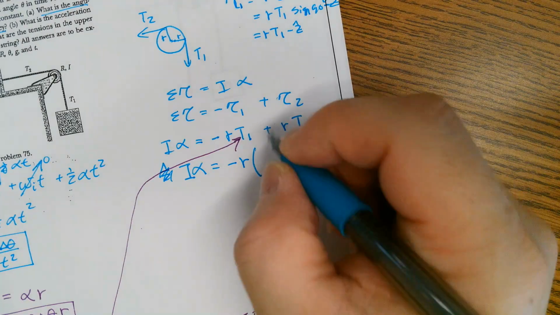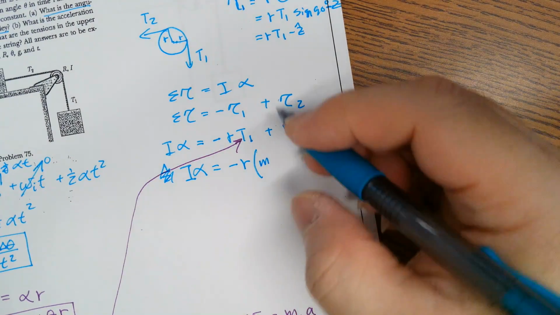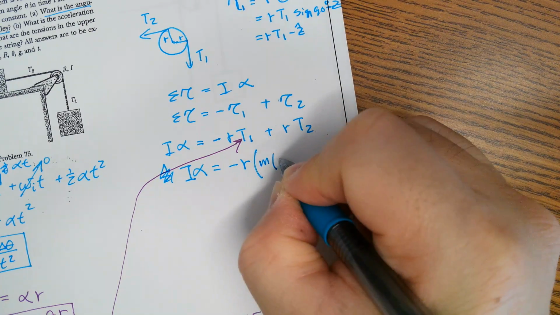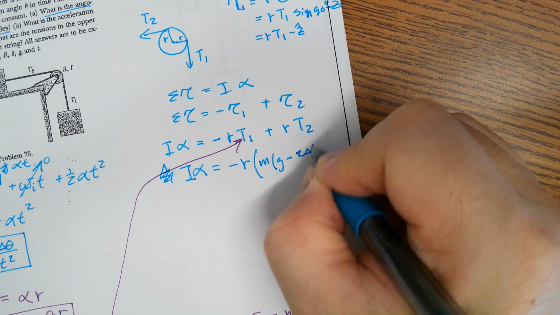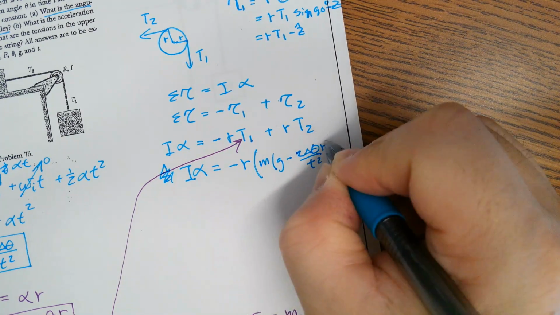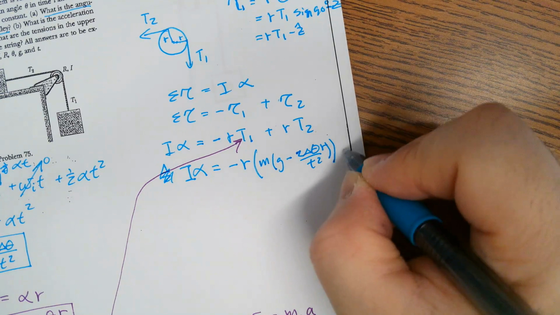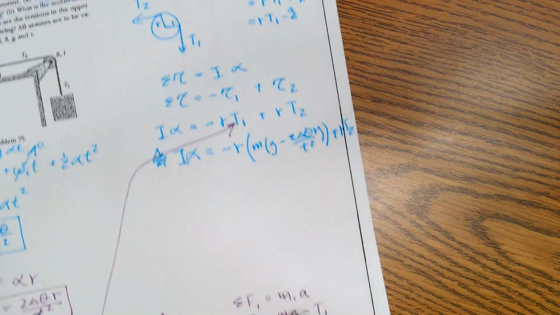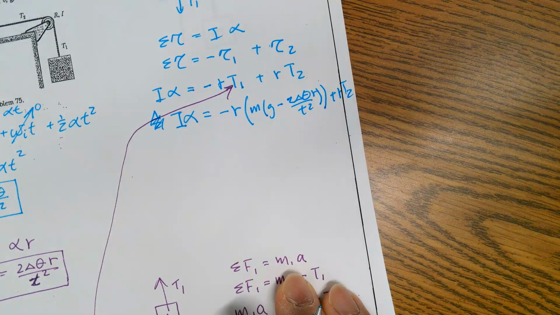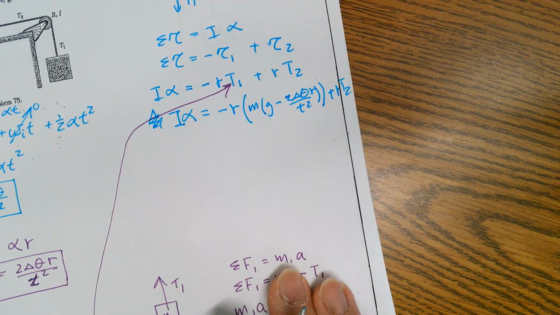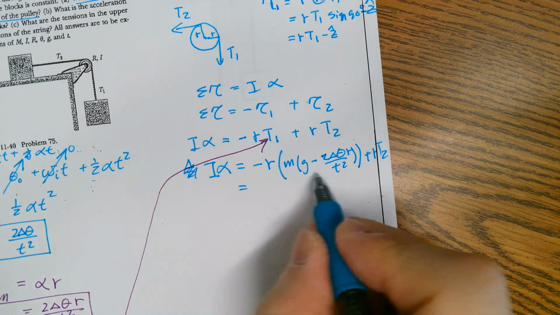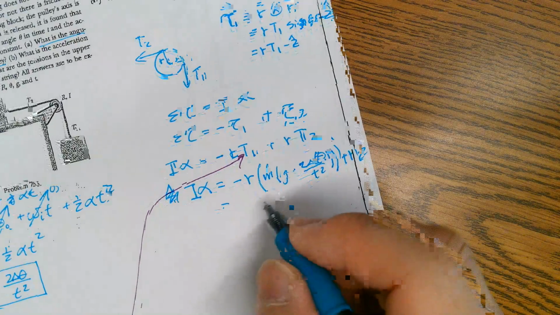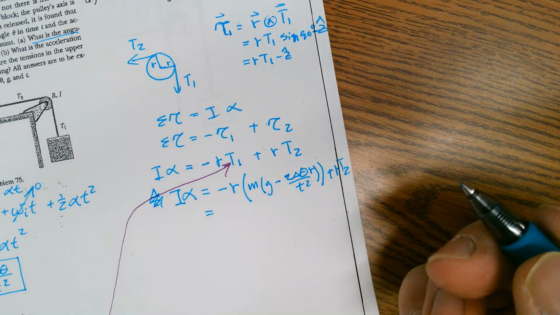So it would be M times G minus 2 delta theta R over T squared plus RT2. All right. Now what? I guess we could distribute all these out. It's just an algebraic mess, really.